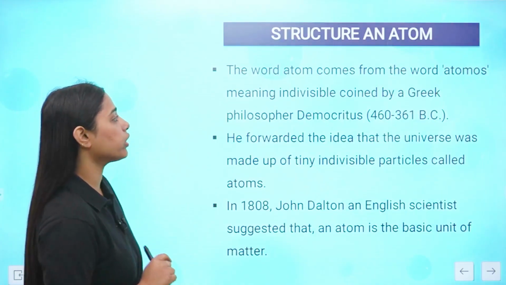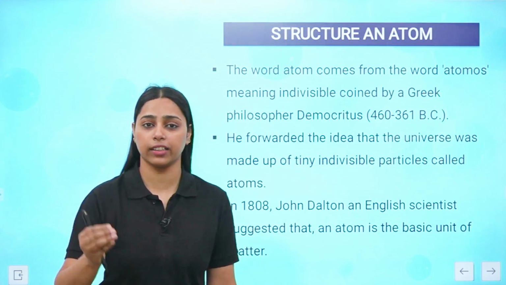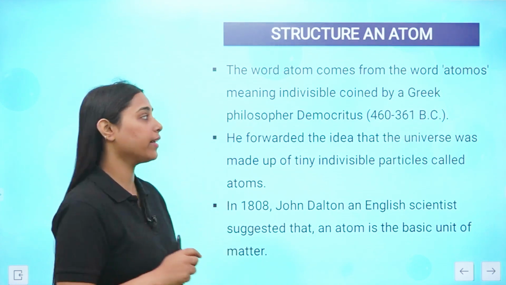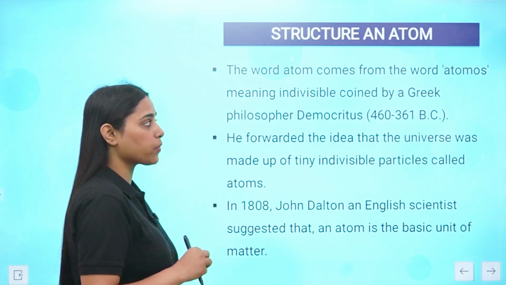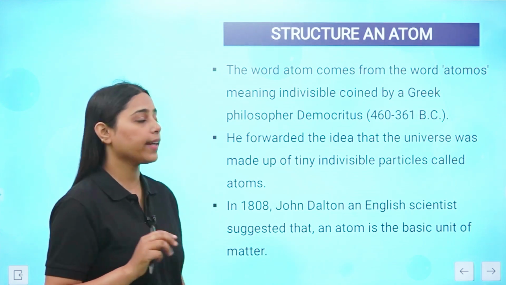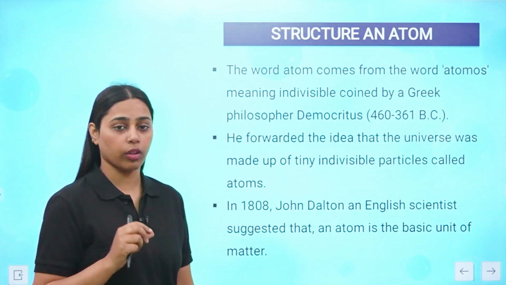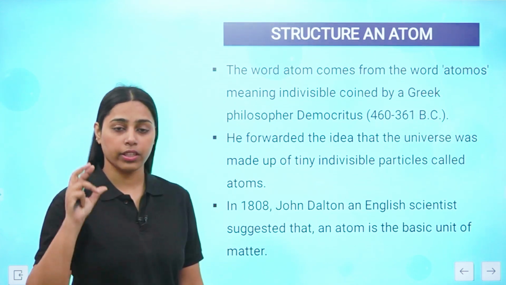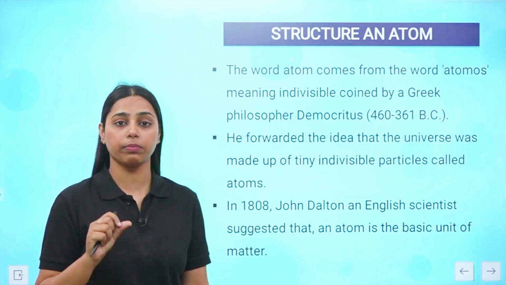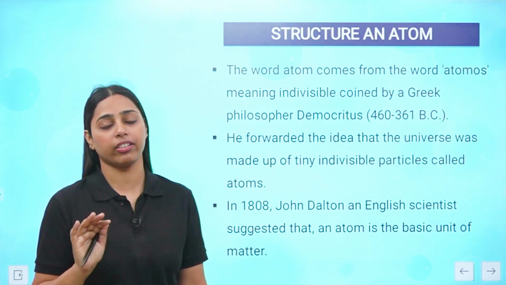First of all, we need to know from where the term atom has arisen, right? In earlier centuries, the word atom comes from the word atomos, meaning indivisible, and it is coined from Greek terminology, by the philosopher Democritus. The very first discussion about matter was done by this Greek philosopher.